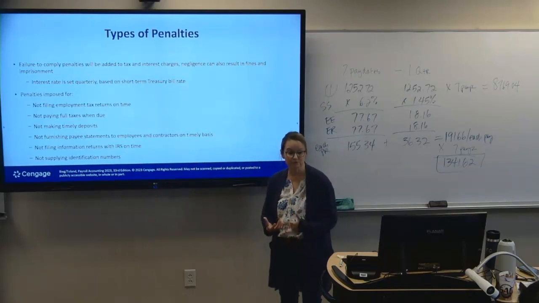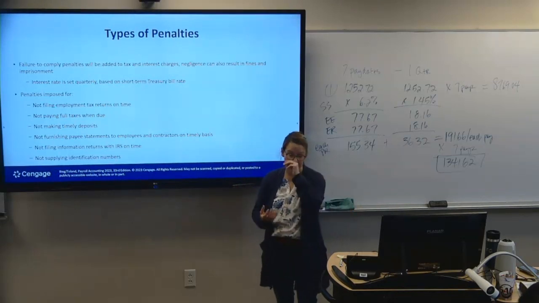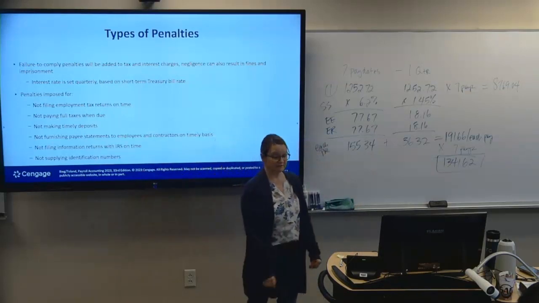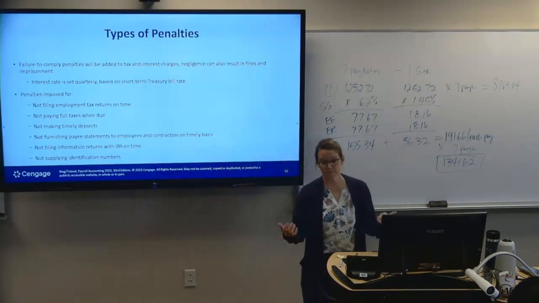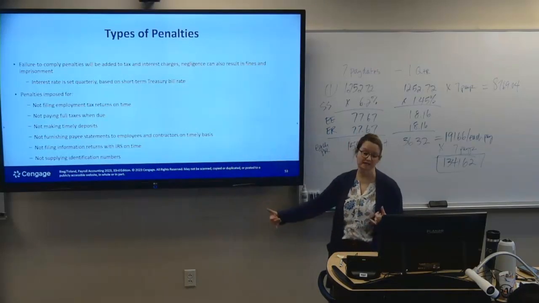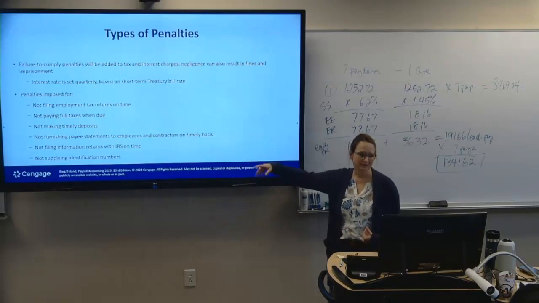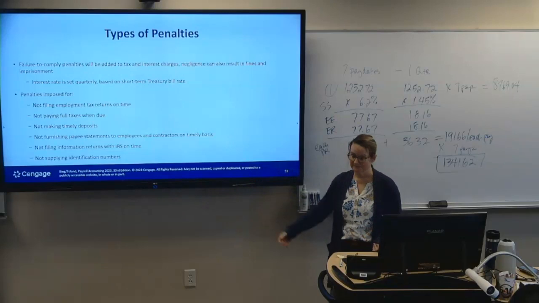So if you gave them to your contractors but didn't give them to the IRS on time, they've got a separate penalty for that as well. Then there's the identification number: if you filed 1099s or W-2s and did not collect the Social Security numbers from those individuals, the IRS will assess a penalty because you didn't collect that information.